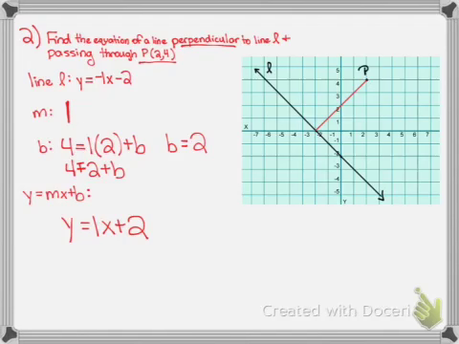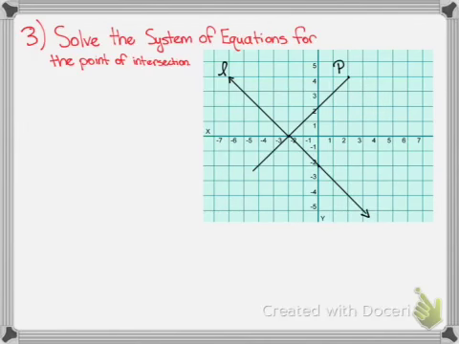Remember, the point in finding an equation perpendicular to L is to get the shortest distance from P to our line. Okay, on to step 3. In step 3, I want to solve the system of equations to get the point of intersection of the two lines. I want this point where they both meet. You can tell by looking at this that their point of intersection by graphing is (-2, 0).